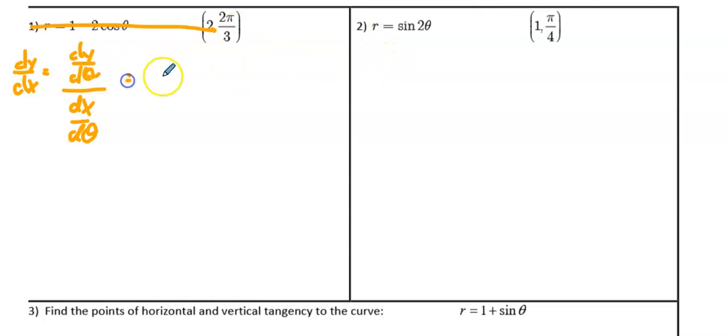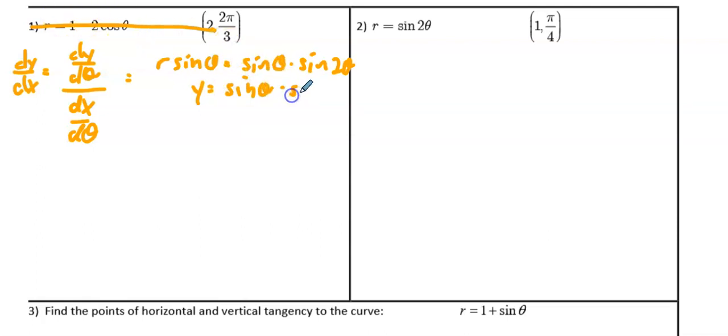So r sine of theta is equal to sine theta times sine 2 theta. Now, what we have to do here is replace r sine theta with y, and there's really no simplifying that we can do here, just like we could in the first video, so we're just going to leave them alone.